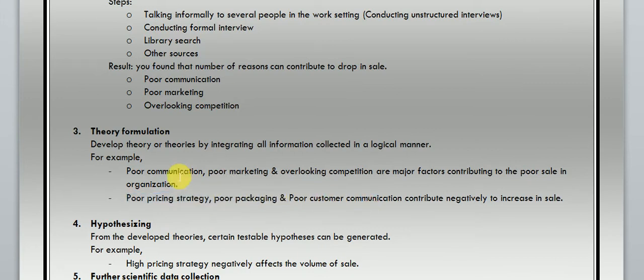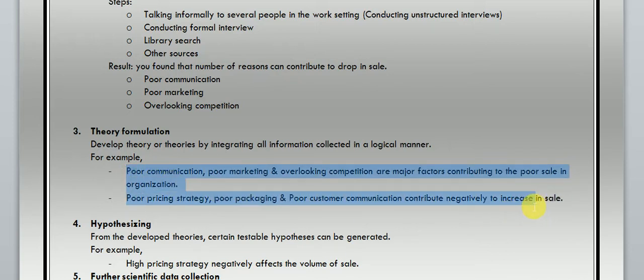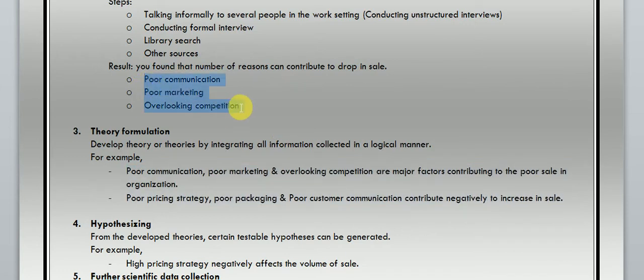So in the theory formulation, you have to develop a theory which should be logical. It means the relationship between them should make sense, and these theories should be developed based on the data you have collected.